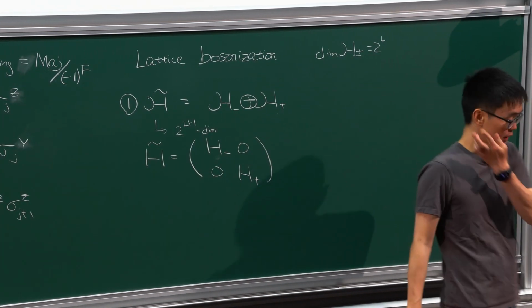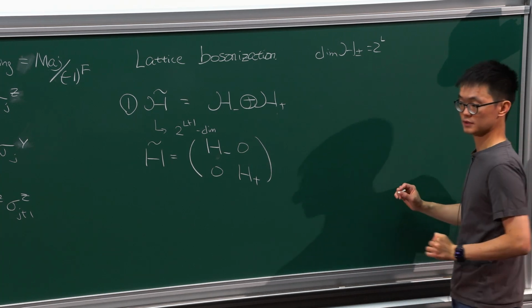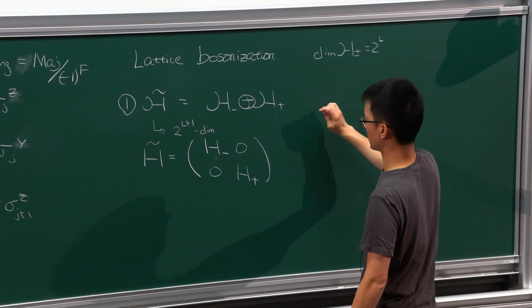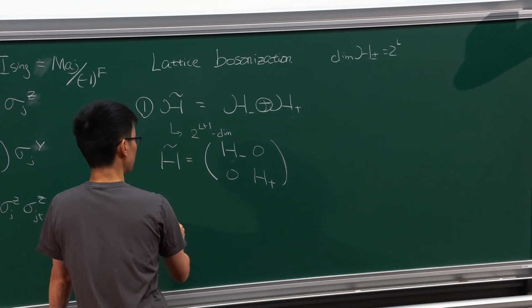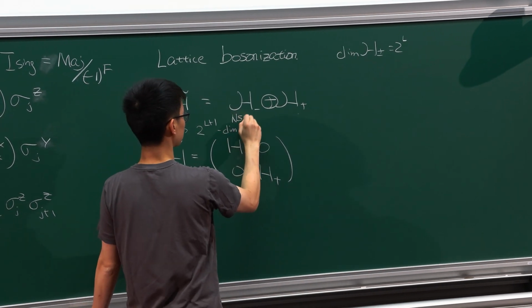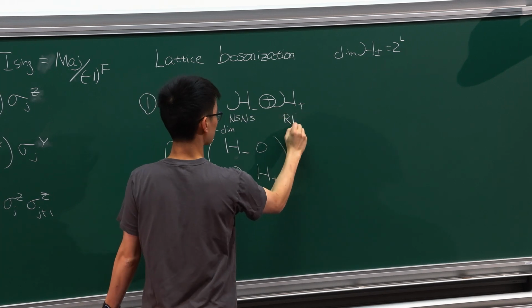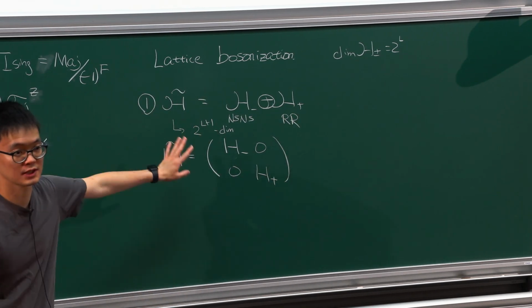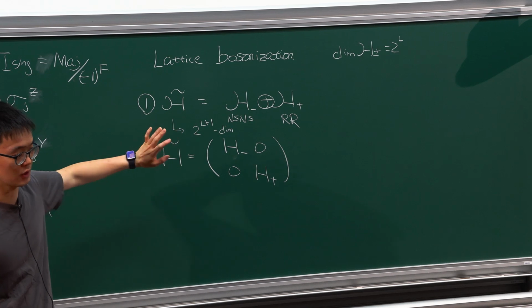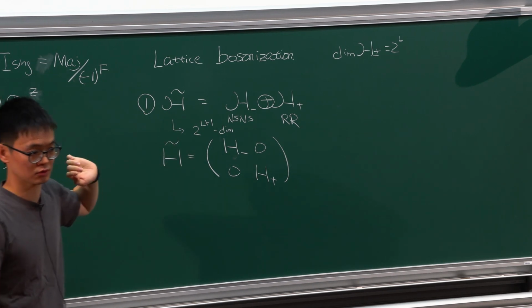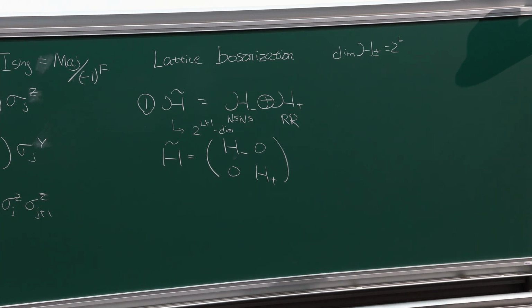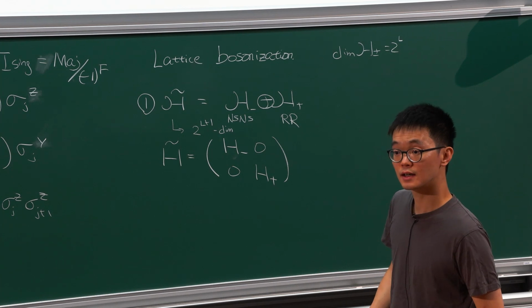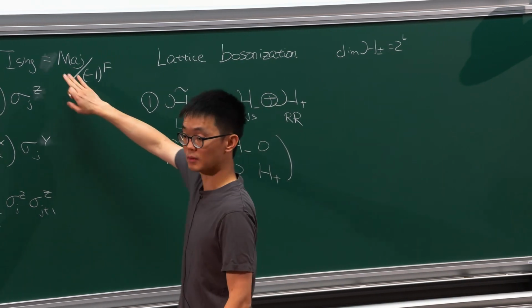Now this might look ad hoc, but for people who have studied string theory, this is actually what we do in the first step of the GSO projection, where we include the NS-NS and R-R sectors together. To be more precise, this is more like type 0 string, doing the GSO projection for the type 0 string. Are we in the Ising or Majorana? Good. So we start from the Majorana.